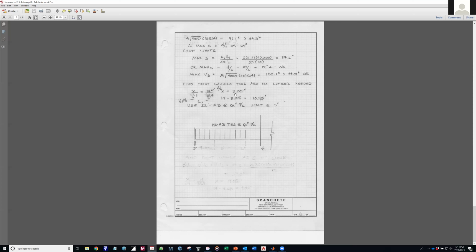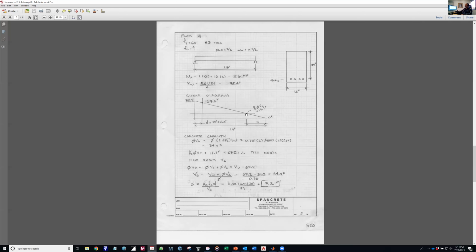So it's always like this, right? If you want to find the region with no shear ties at all, you always need to go to half phi Vc. Correct. Yes. And then, because you're going from the point of zero shear, which for a uniformly loaded beam is at midspan, I'm going from midspan out, using similar triangles, to the point where I have too much shear to not have any ties.